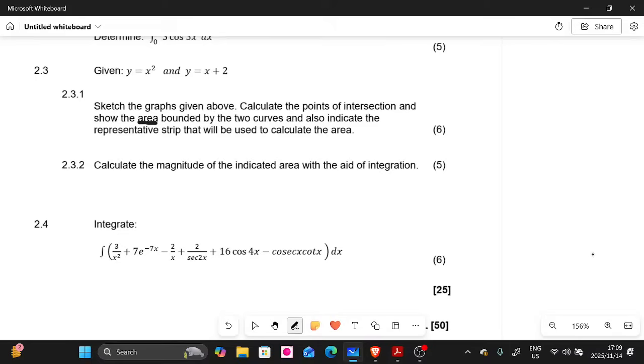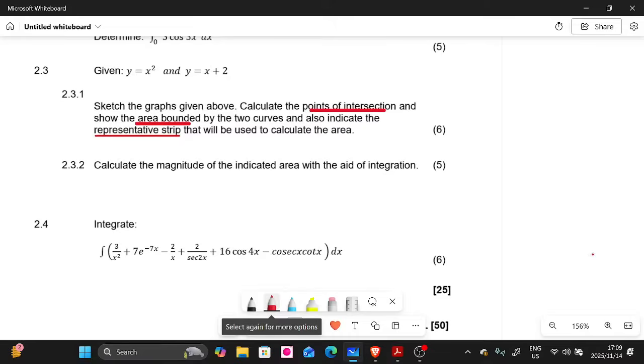When they say the area bounded by the graph, they say the area that is created by these two graphs. And also indicate the representative strip. So we also need to show the representative strip there that will be used to calculate the area. So these are the things that you must do here.